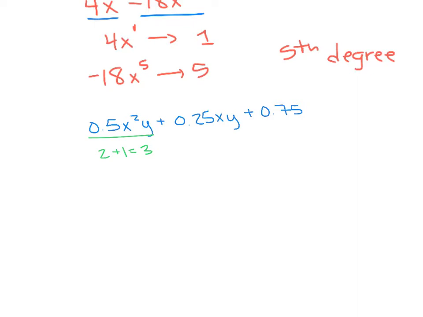On the second term, x has an exponent of 1, y has an exponent of 1, we add those together and we get 2. And on the third term, there are no variables, so it's a 0 degree. So, since 3 is the biggest degree, this is a third degree.